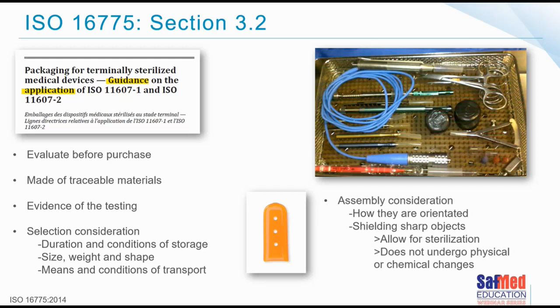The standard also talks about assembly considerations, and you need to bear that in mind: how the items are to be oriented within the packaging. Do you need to shield something because there are sharp objects? That shielding material has to allow for sterilization, and that shielding material must not undergo any physical or chemical changes.